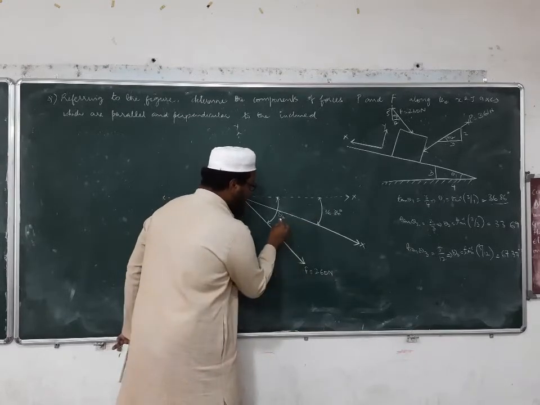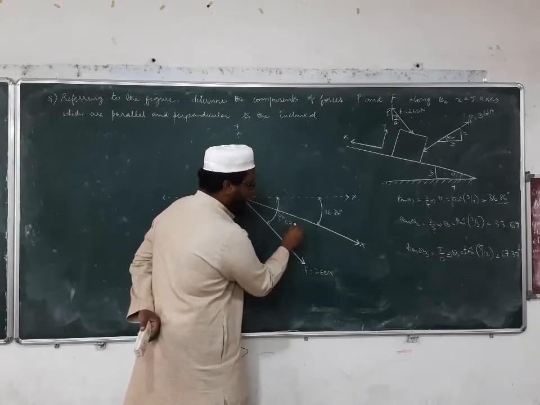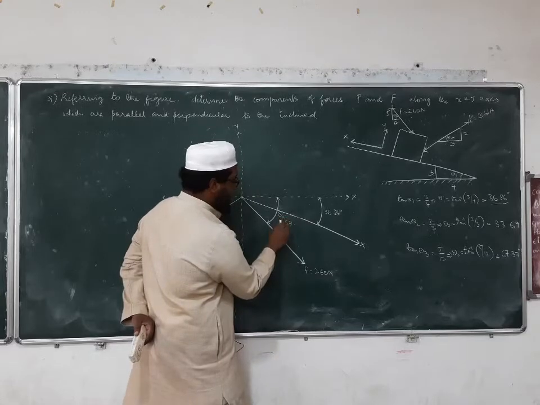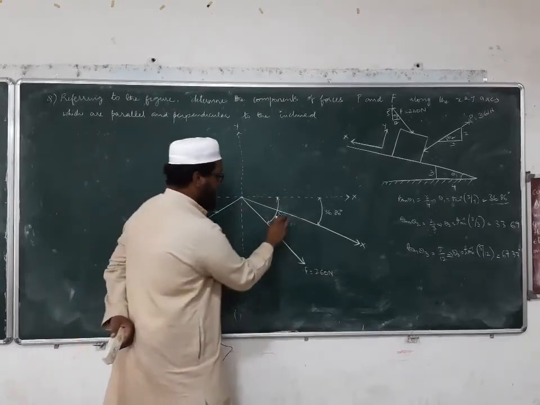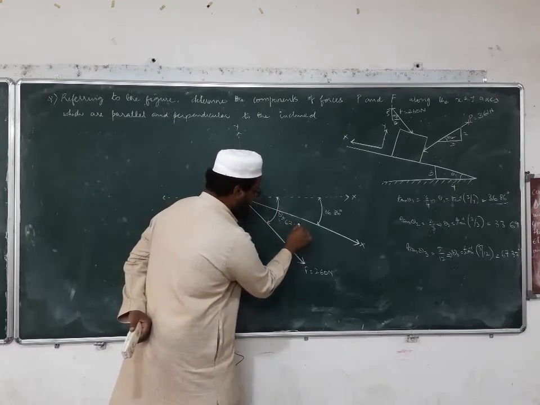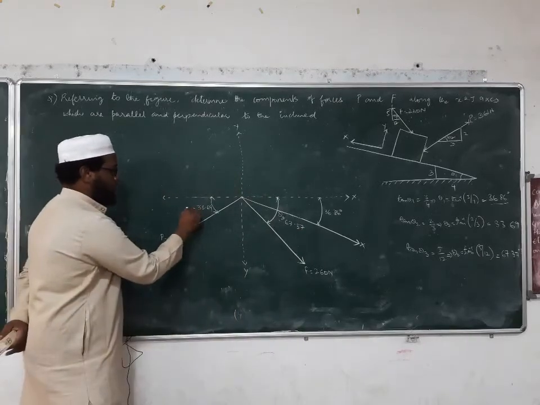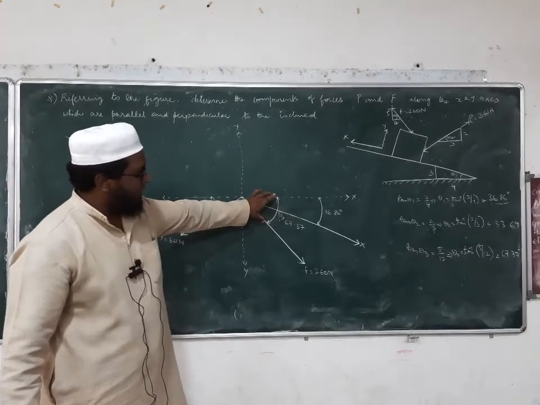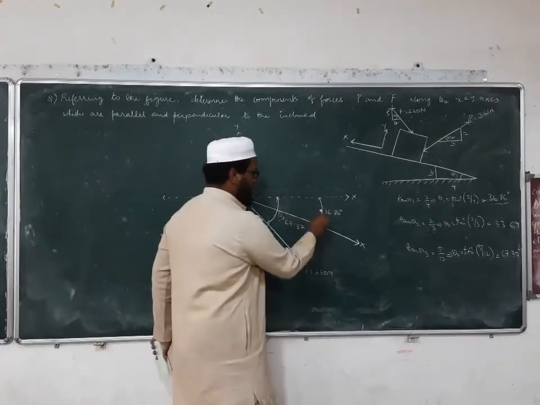Yes, this is theta 3, 67.37 degrees. This is theta 2. So this is 67.37 and this is 36.86. This is theta 1.